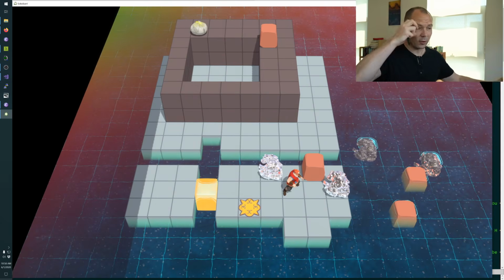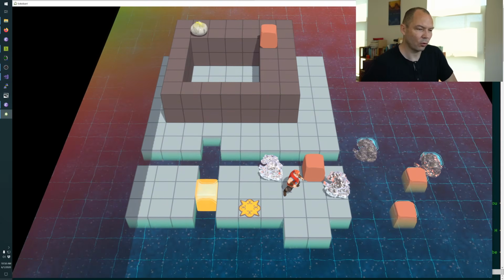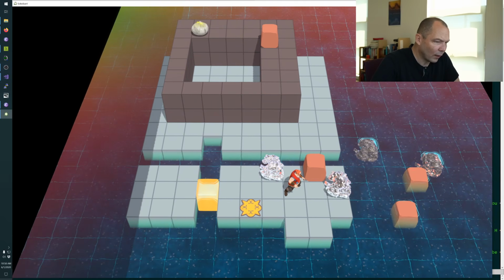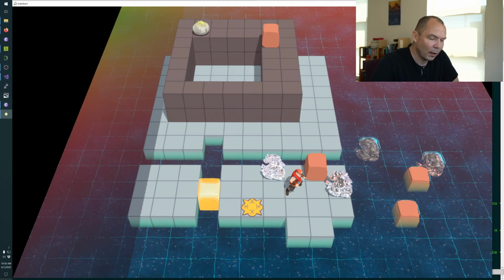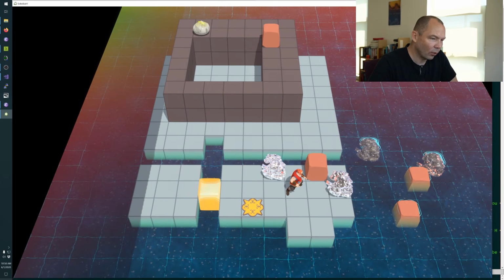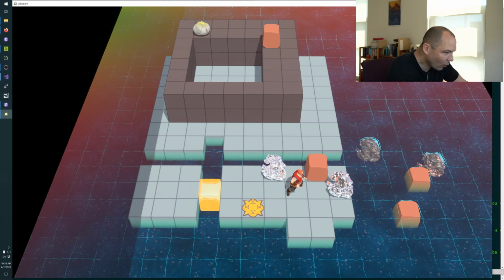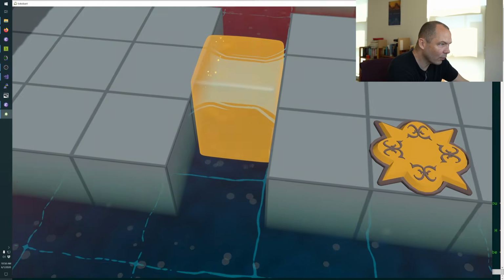So now I'll start by saying that the reason that this orange force field and these crystals don't look right is that they are flagged as transparent materials, and everything else in the scene is opaque. So you're supposed to be able to see things in the background through both of these. You can't actually, for the most part, right now. That's because the settings on the game have been tweaked.